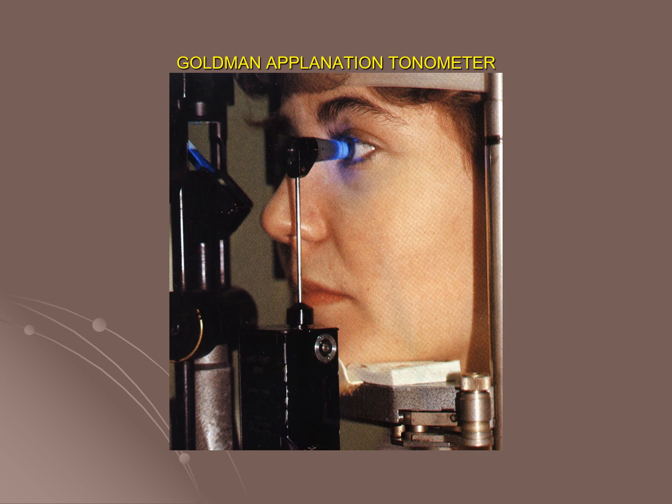Here you can appreciate the slit lamp mounted applanation tonometer. We flatten the cornea of the patient with the applanation tonometer, and when the external pressure posed by the spring of the applanation tonometer and the internal pressure in the eye are equal, then we measure the intraocular pressure.